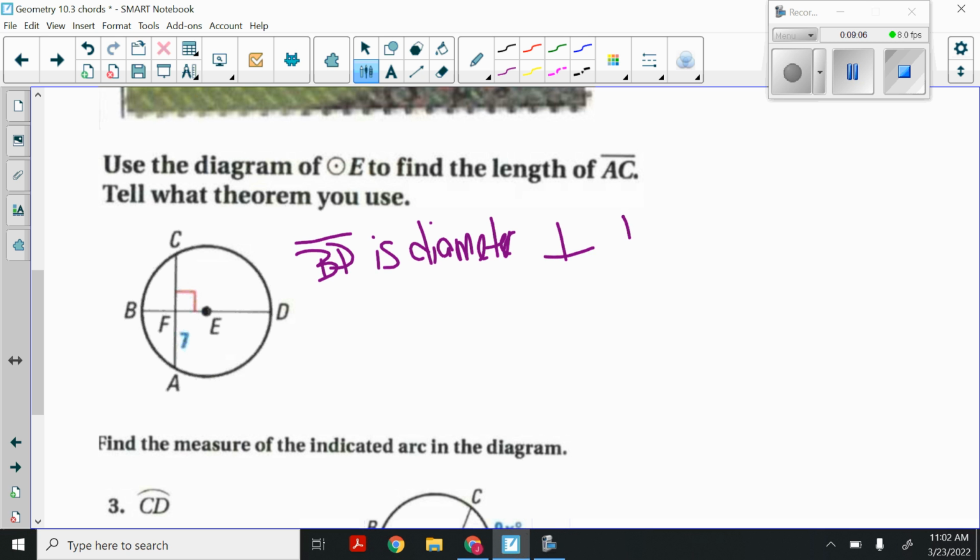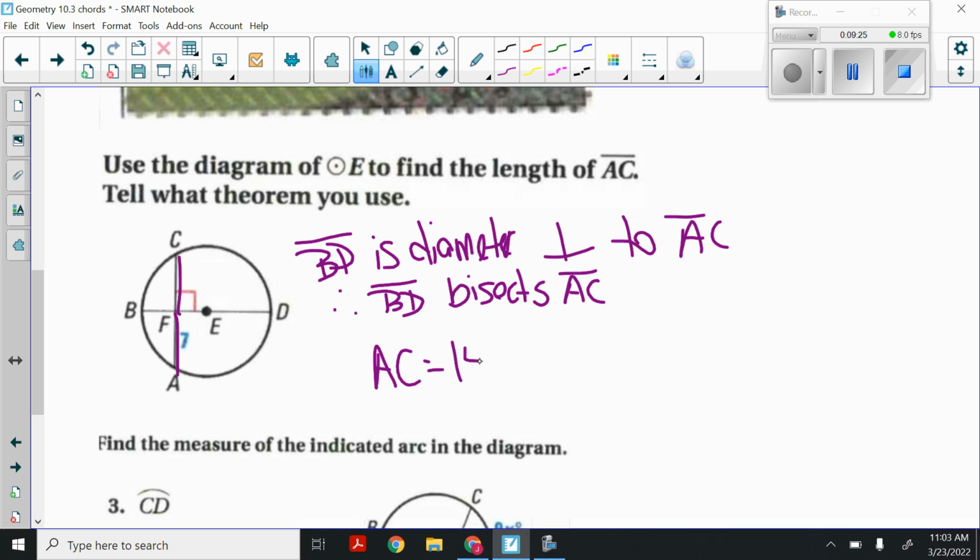It's perpendicular to AC. Therefore, the diameter bisects AC. So if AF is 7, FC is also 7. Okay? Therefore, AC would equal 7 plus 7, 14 units.